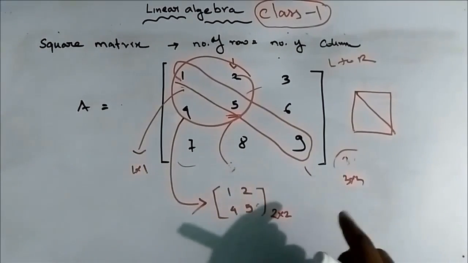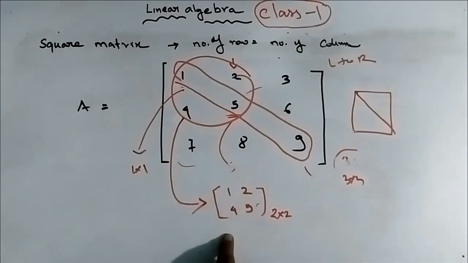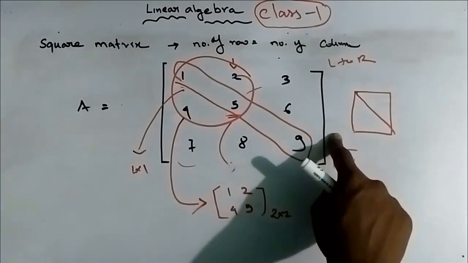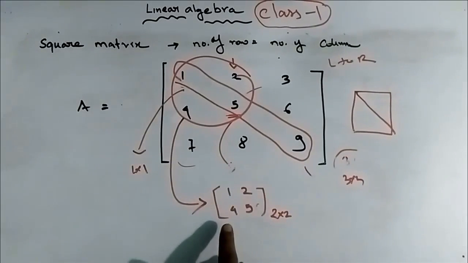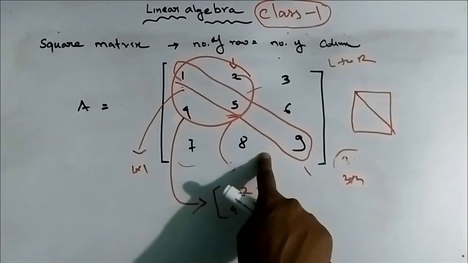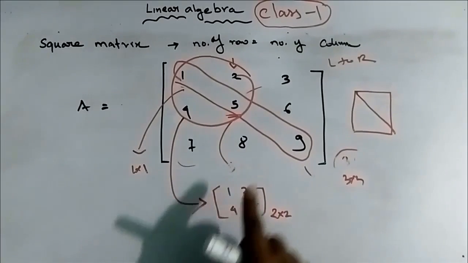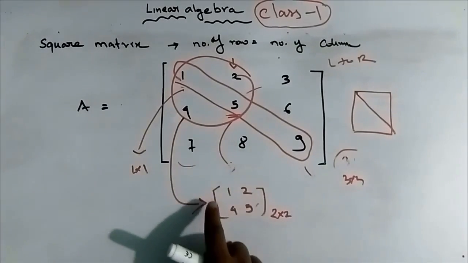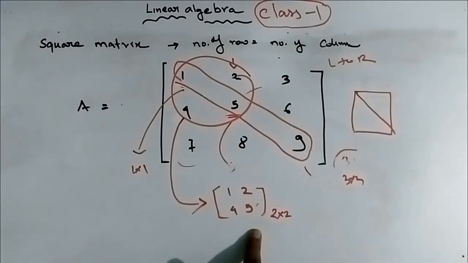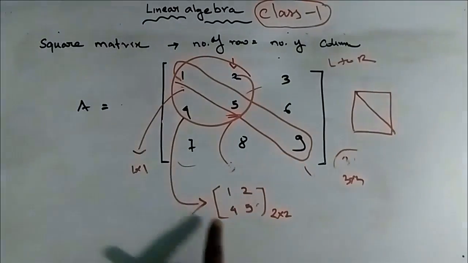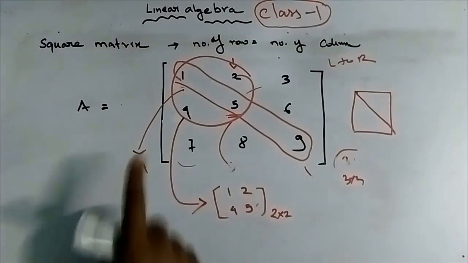Any matrix whose order is less than that of the main matrix, and all of whose elements belong to the main matrix, is known as a submatrix. Here the main matrix is this, and all the elements 1, 2, 4, 5 belong to the main matrix. So this matrix is a submatrix of the main matrix.